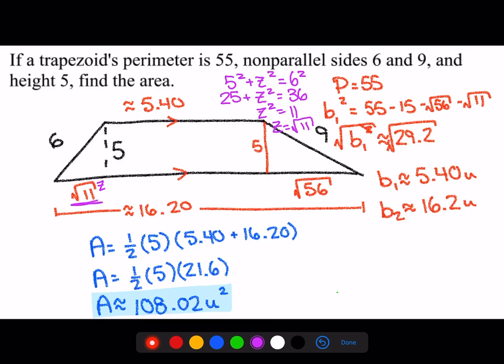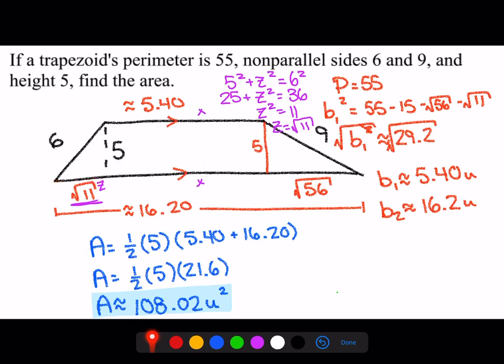Now, again, we know that this side is x and this side is the same. So from here, if I know that my perimeter is 55, I can say base 1, which is this top one right here, this x, is equal to 55, that whole perimeter, minus 15, one of the side lengths that we already have. Again, that's from 6 and 9 added together. That'll give me 15, so I minus the 15, minus radical 56, this portion, minus radical 11, this portion.